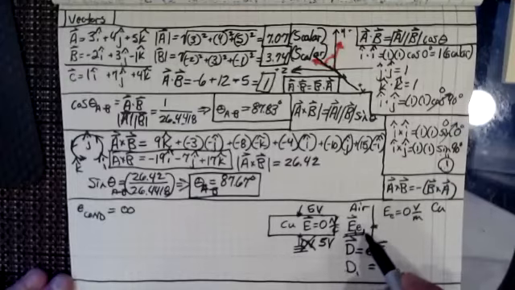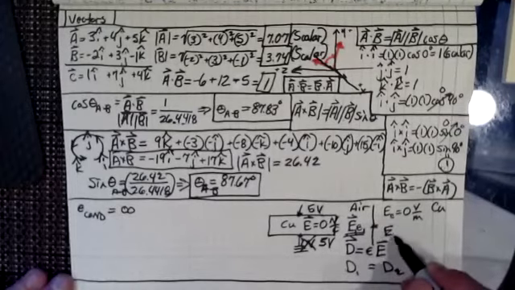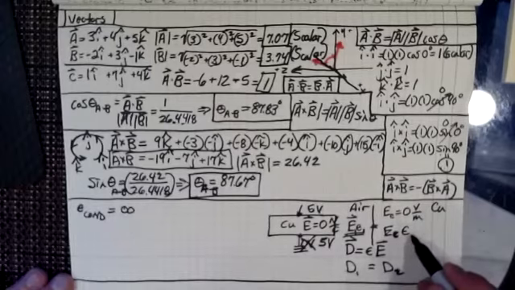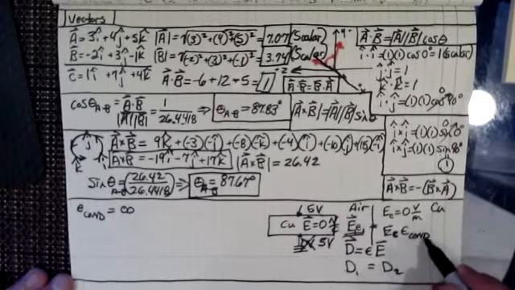So E1 times epsilon 1 has to equal the electric field in the conductor times the permittivity of the conductor. Then this has to be infinity, because only 0 times infinity equals anything. And this out here already is anything. This is like, let's say, an electric field of 5 volts per meter.